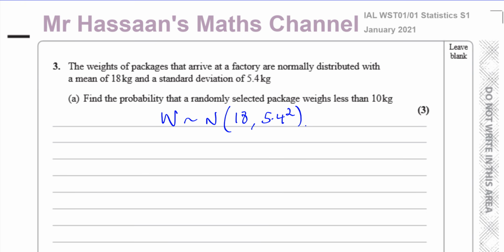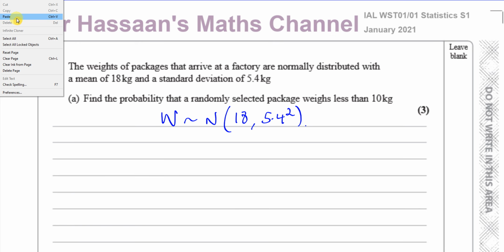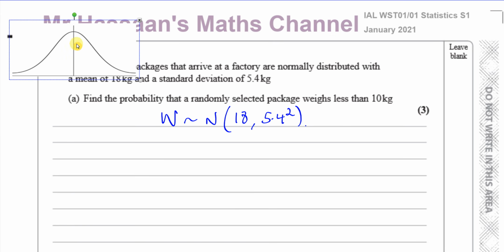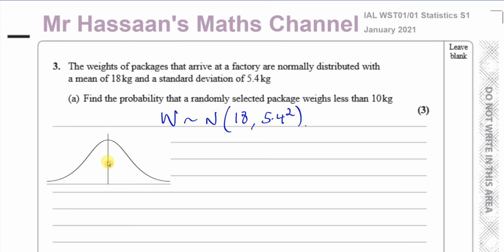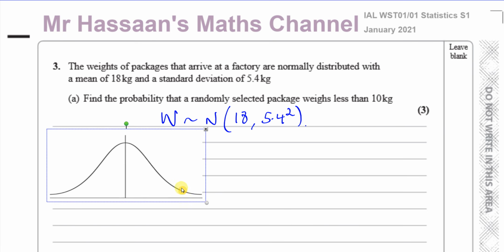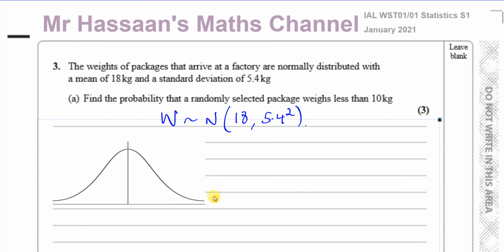Normal distribution follows this bell-shaped curve. This is the normal curve, and right in the middle is the mean, the median and the mode, all in the middle.